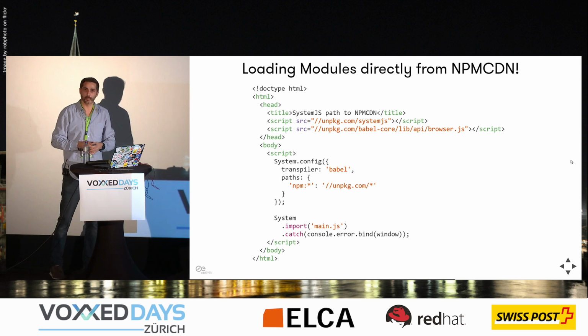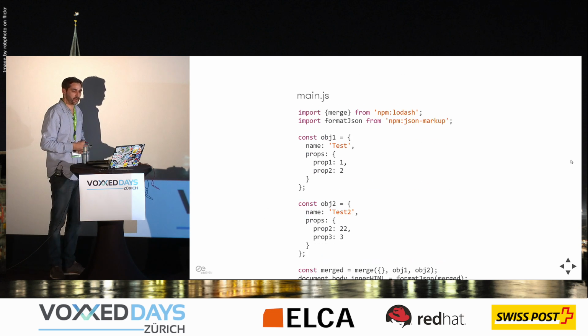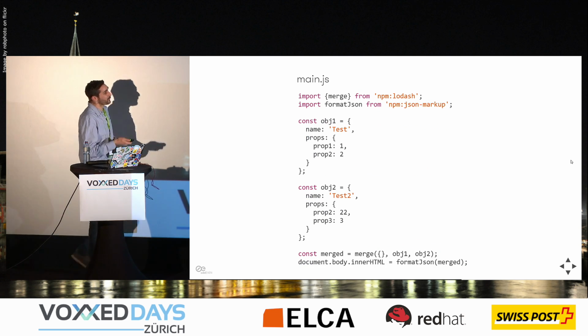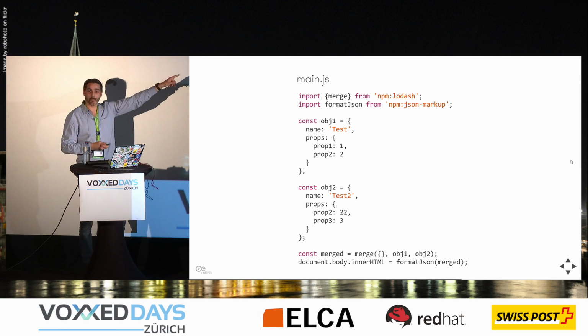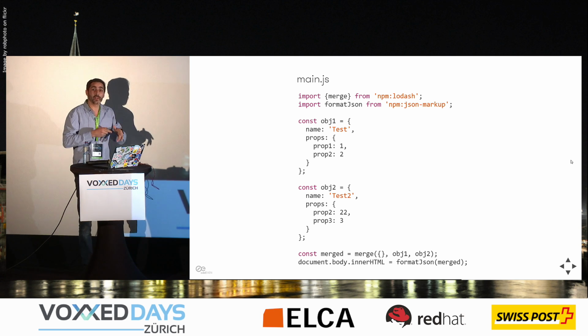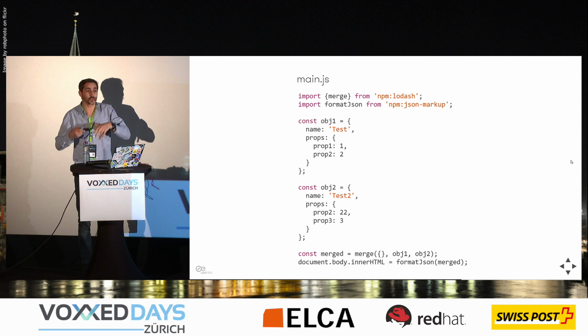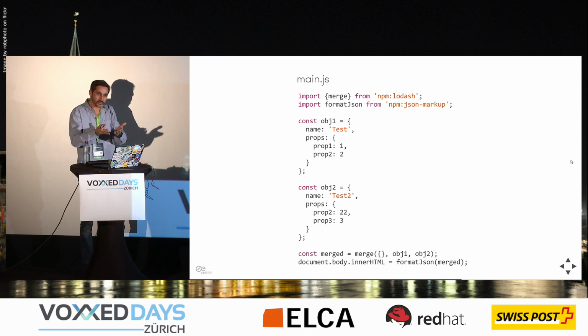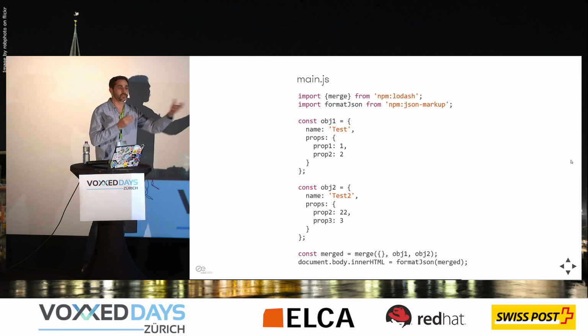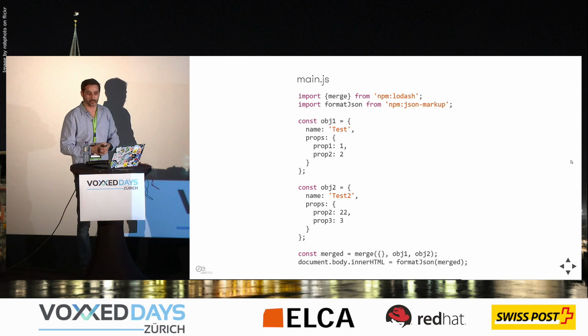So let's look at our main.js module, what we're doing here. Now we can directly import the merge function from the Lodash module that is hosted on npm CDN directly in our code, right? This is easily possible with SystemJS because it fetches all these modules asynchronously with HTTP requests.